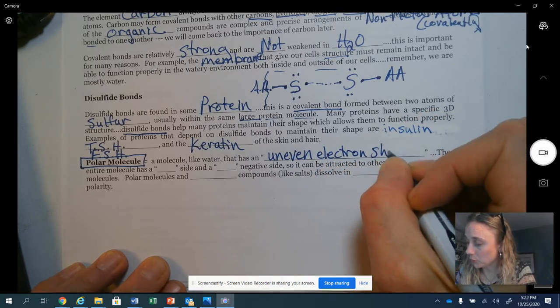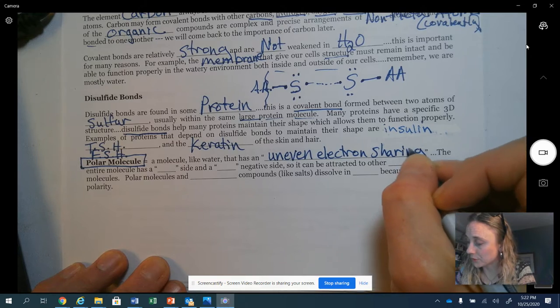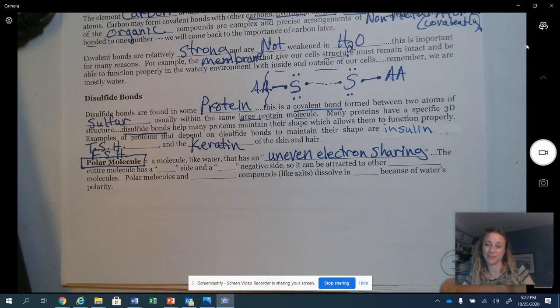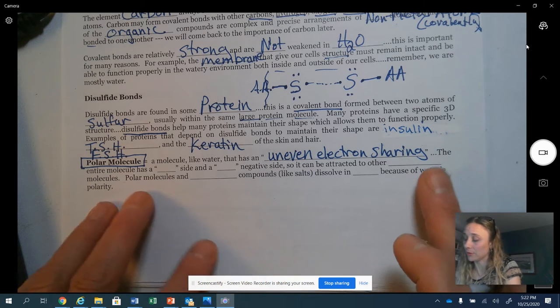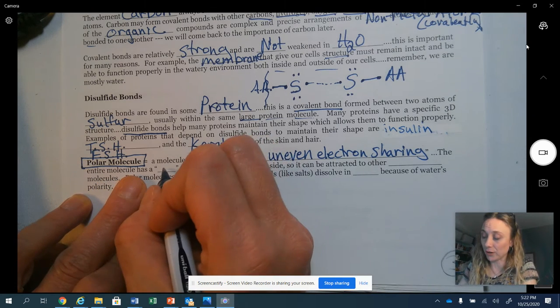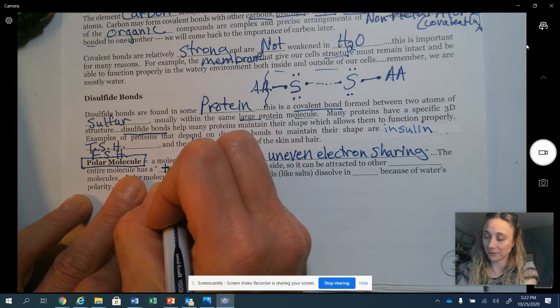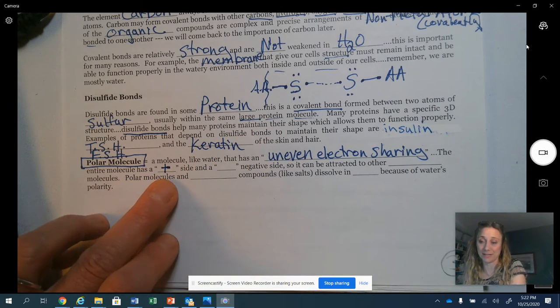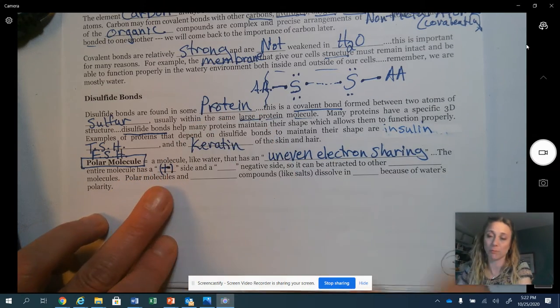And it has to do with the number of protons in the nucleus of the atom, and also the size of the atom and how far away these electrons are. Electronegativity is something you can look up and study. But the entire molecule then, if it's polar and it shares one side with less electrons, is going to be a little positive. I like to put in parentheses because it's a partial positive. It's not a +1. It's not a total positive.